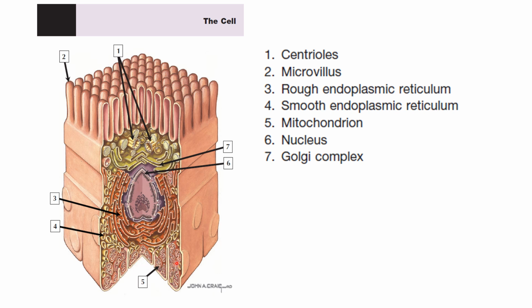Located again in the basal compartment is the mitochondrion, labeled as number 5. Centrally located in a typical cell is the nucleus, and surrounding the nucleus, labeled as number 7, is the Golgi complex.